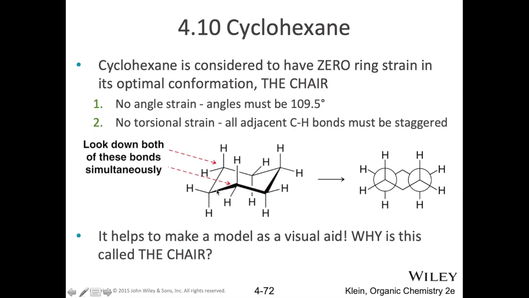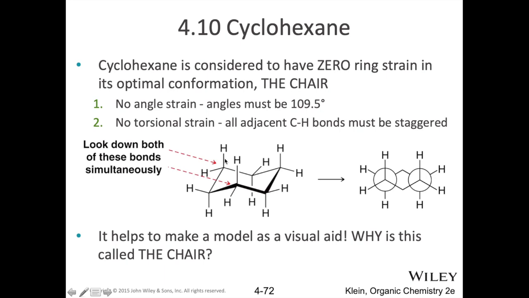Only every other carbon has bonds that are parallel or eclipsing each other, which could cause some strain with bulky enough groups, but these hydrogens are a little too far apart to really affect each other too badly.